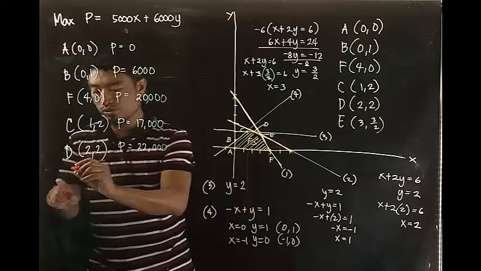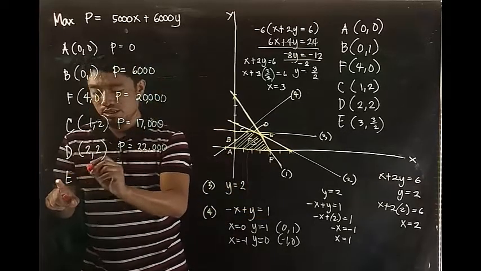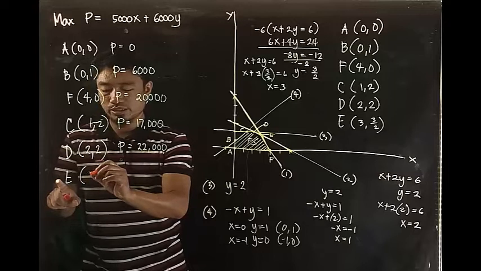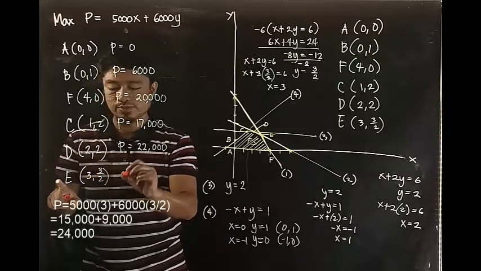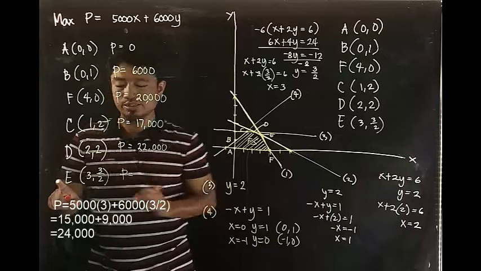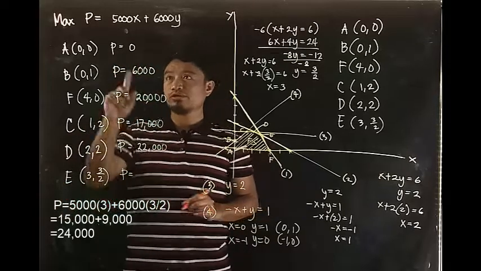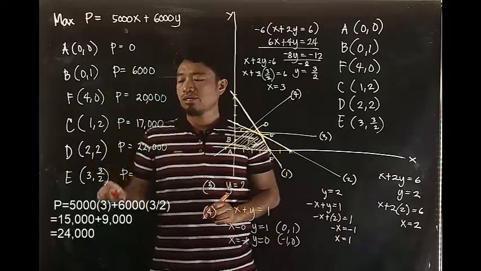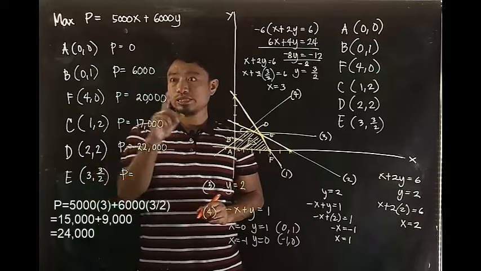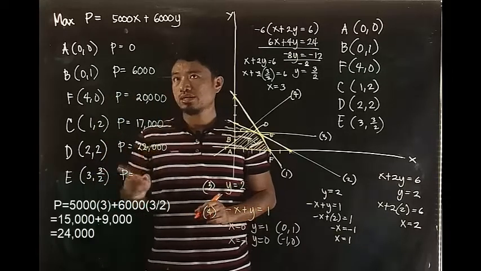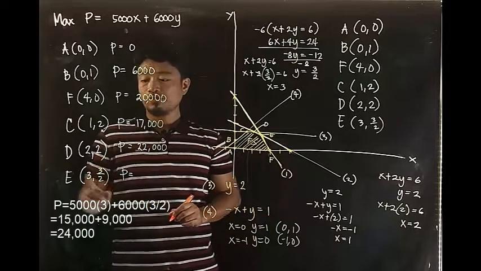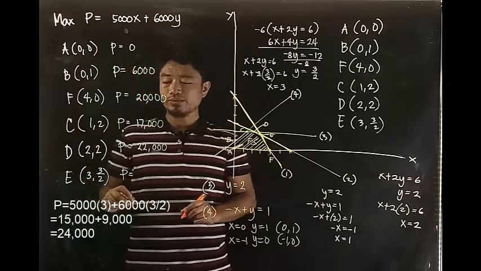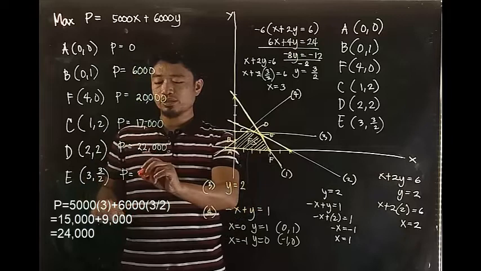And the last corner point E, the coordinates are (3, 3 over 2), so the value of p is 3 times 5,000, that's 15,000, plus 3 over 2 times 6,000, that's 9,000. 9,000 plus 15,000 is equivalent to 24,000.